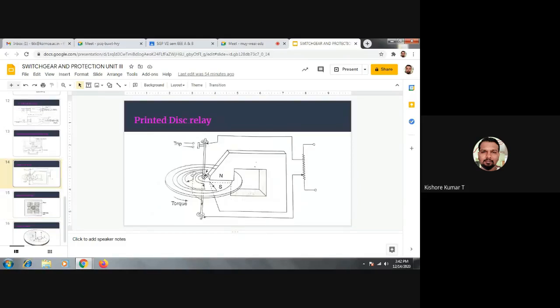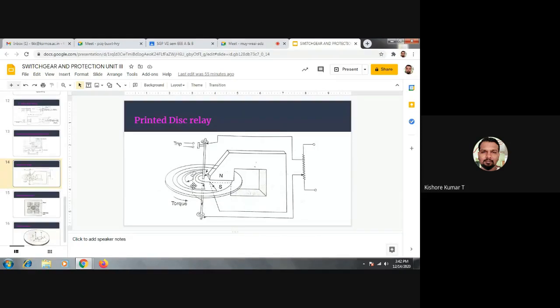Induction cup relay we will discuss. Fine. So there will be a printed disk which is located in between the poles, whenever the coil gets energized here. So this coil itself will become the magnet. Here this is a permanent magnet, and the relay coil is located on the disk itself.